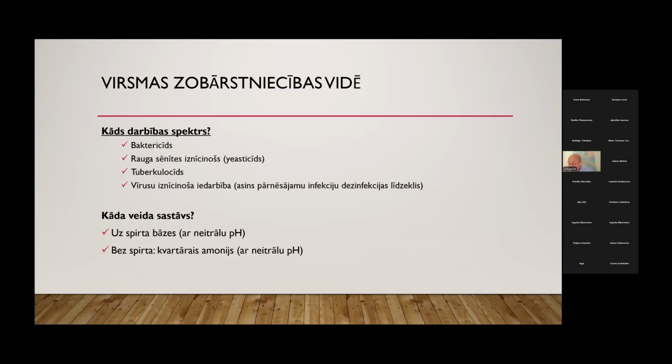I would say alcohol-based is good, but with a neutral pH, or non-alcohol product with quaternary ammonium base, for example. But again, neutral pH. Avoid alkaline pH and acid pH, because again, we are always afraid of corrosion and compatibility.